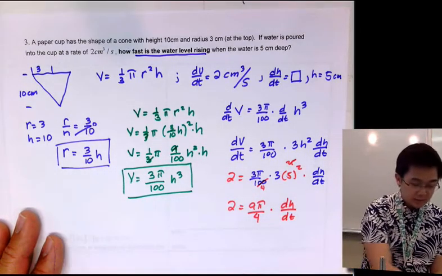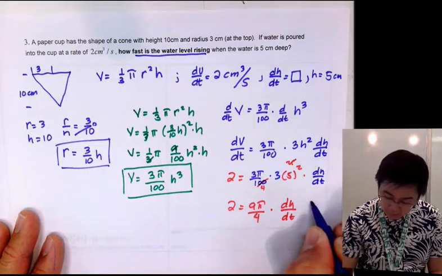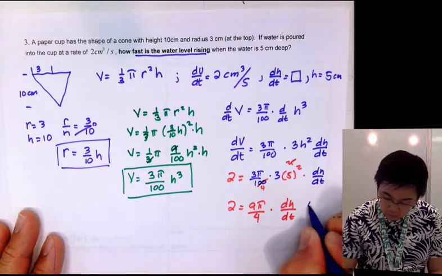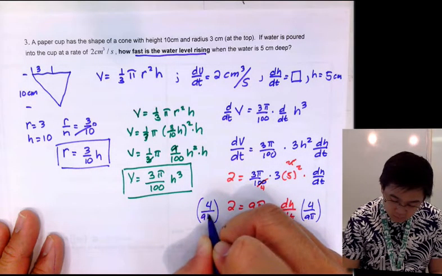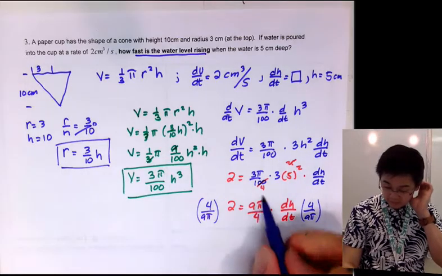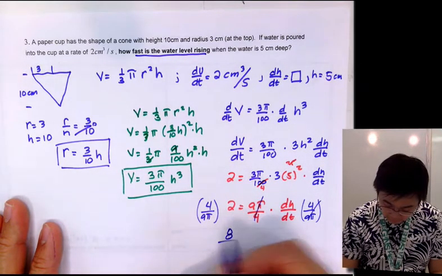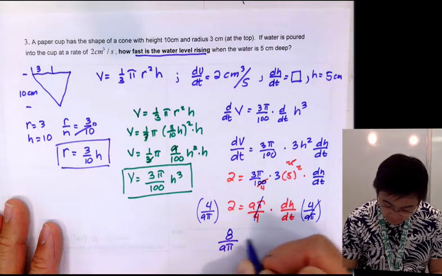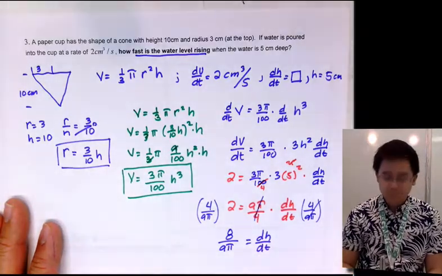And to isolate dh over dt, we can multiply both sides by the reciprocal of 9 pi over 4. So this cancels out, and we'll end up with 4 times 2, which is 8. So 8 over 9 pi equals dh over dt.